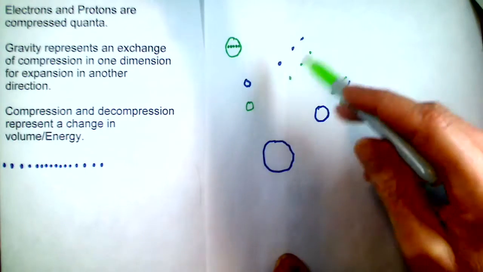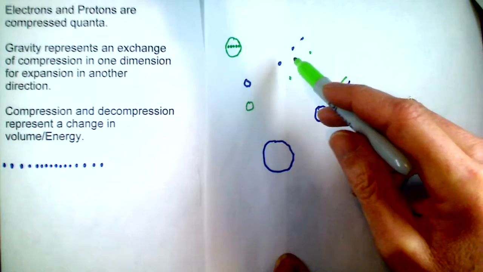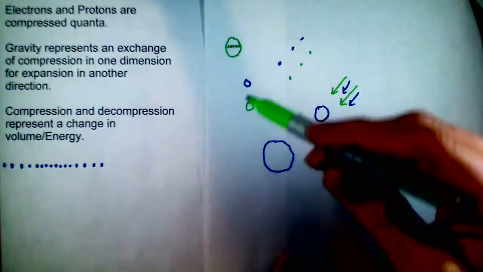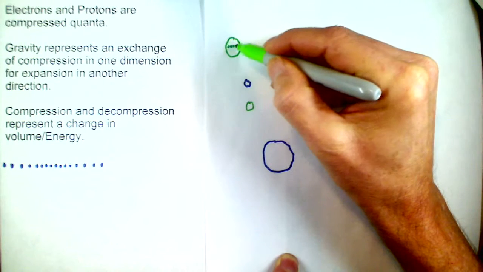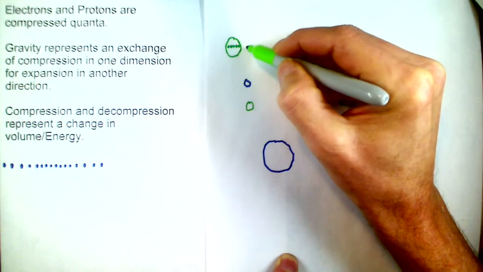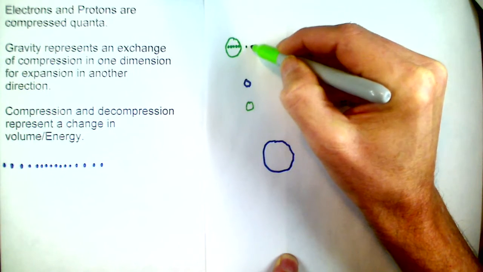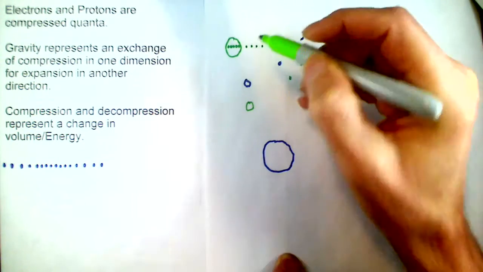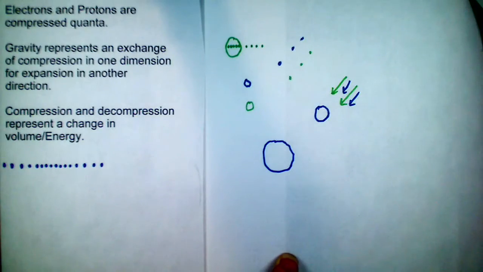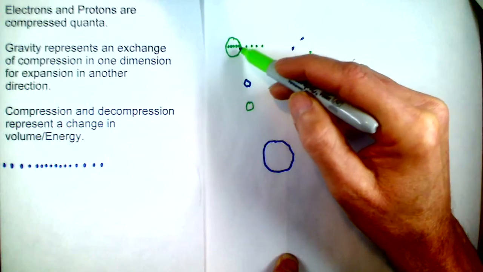The forces don't interact with each other in empty space, and yet they do interact when they hit matter. And the thing with electrons and protons is that the matter is essentially compressed, the quanta inside.